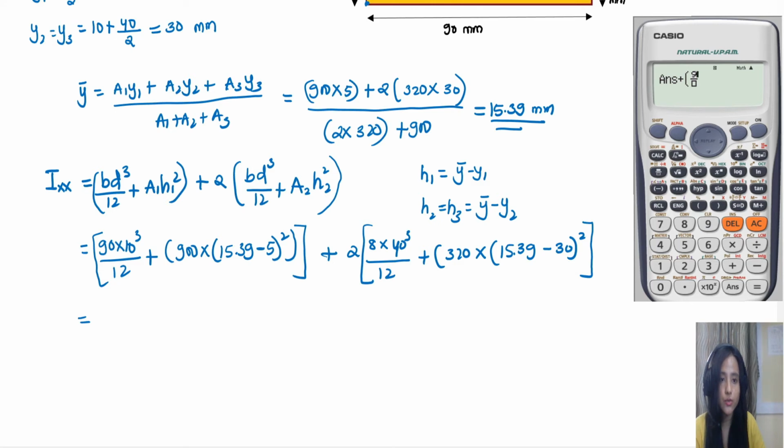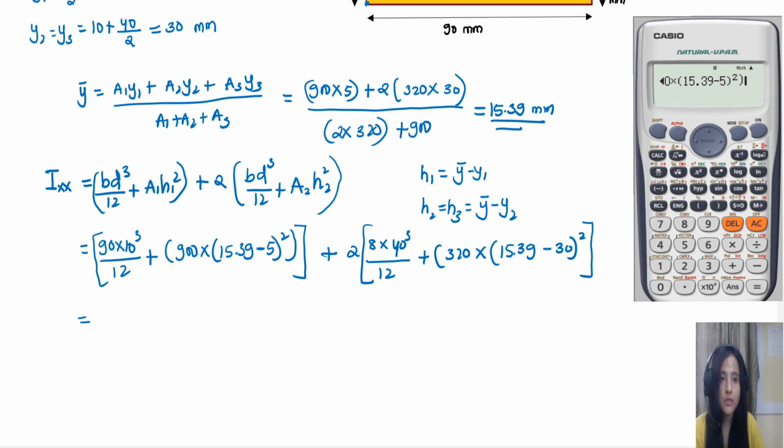Ixx1 is equal to 90 into 10 cube divided by 12 plus 900 into 15.39 minus 5, the whole square.